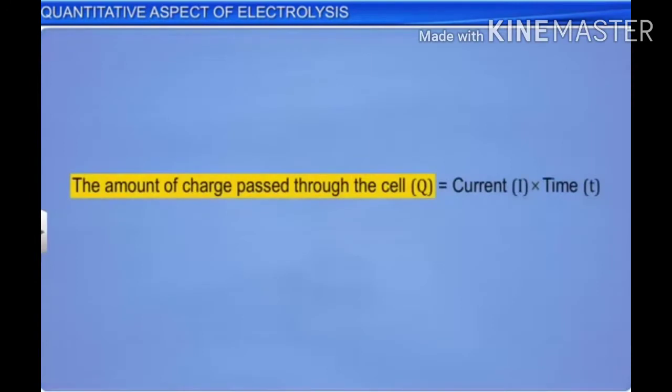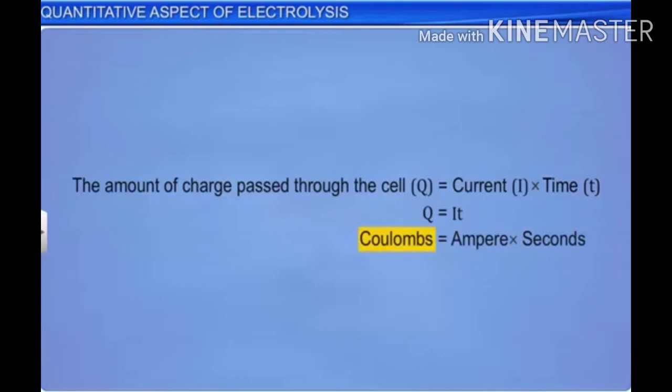The amount of charge Q passed through the cell can be determined from the product of current and time. To determine the charge in coulombs, multiply the current in amperes by the number of seconds for which it was applied.